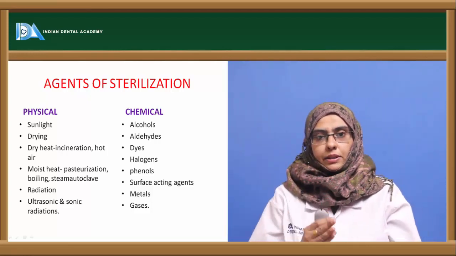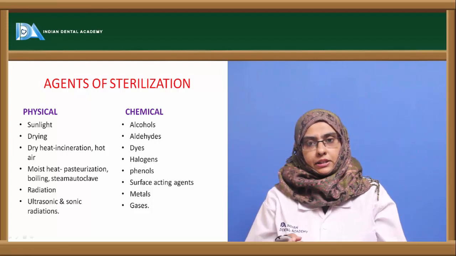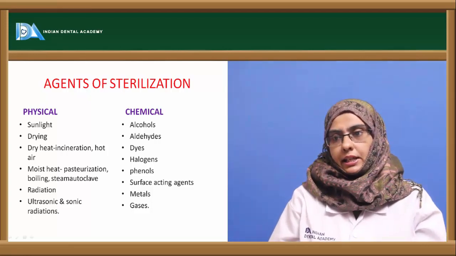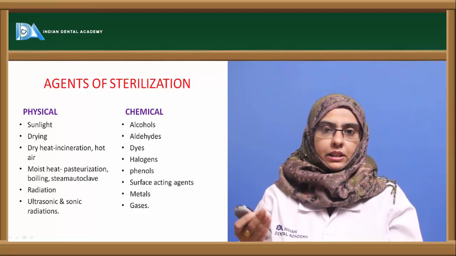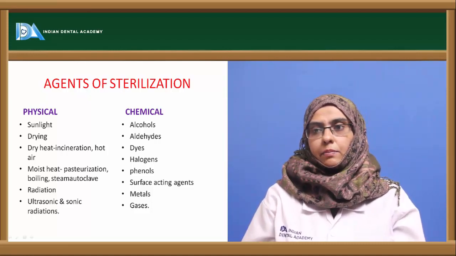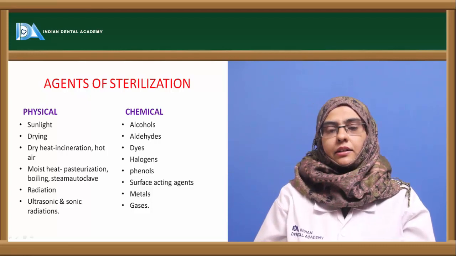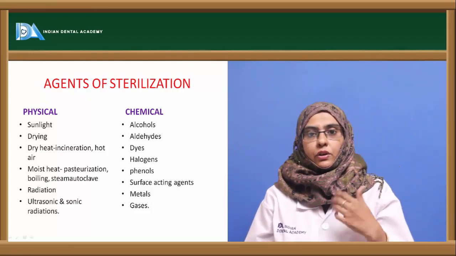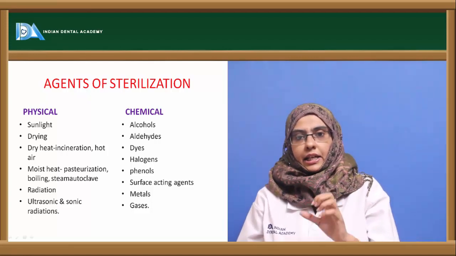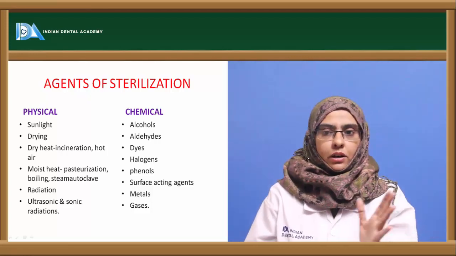So they can be basically classified as two types, that is physical modes of sterilization and chemical mode of sterilization. Under physical mode of sterilization, the things that are usually taken up are sunlight, drying, dry heat sterilization, and moist heat sterilization. So you will know in the later part how this heat can be applied in the form of a dry heat or a moist heat.